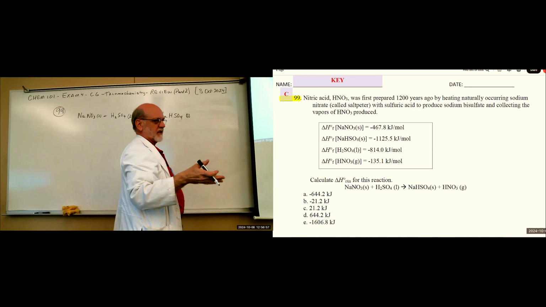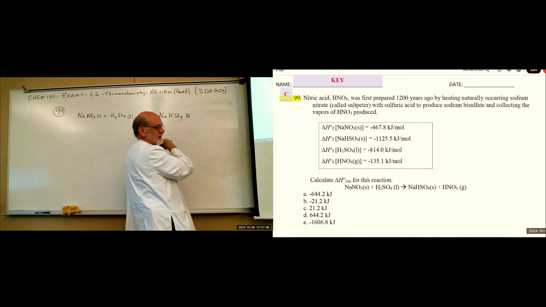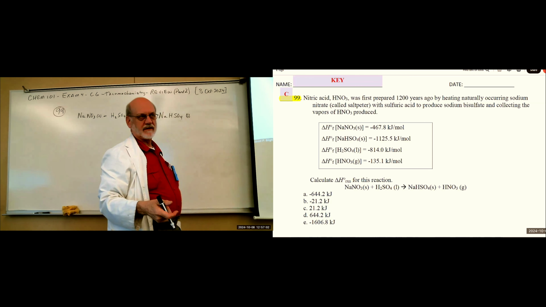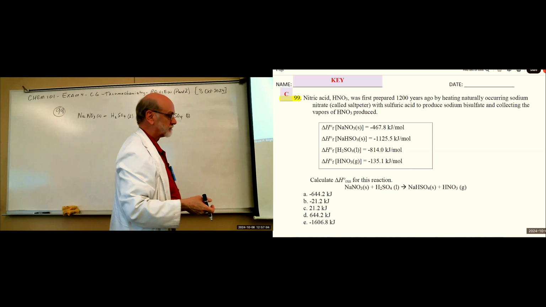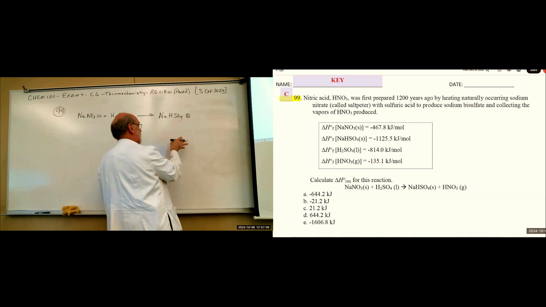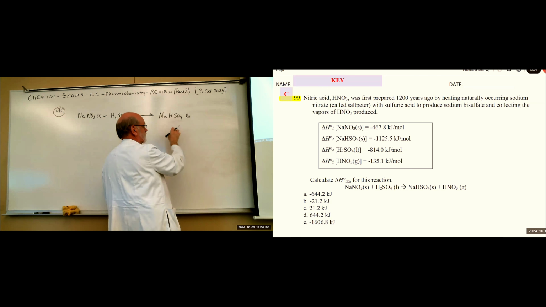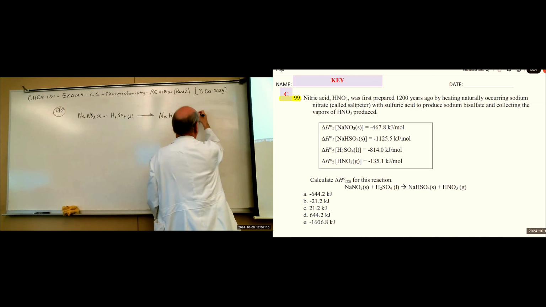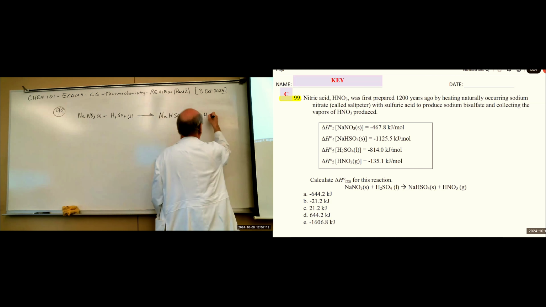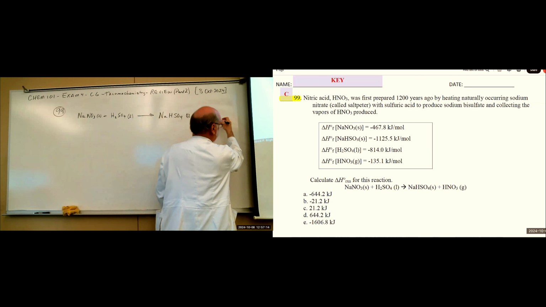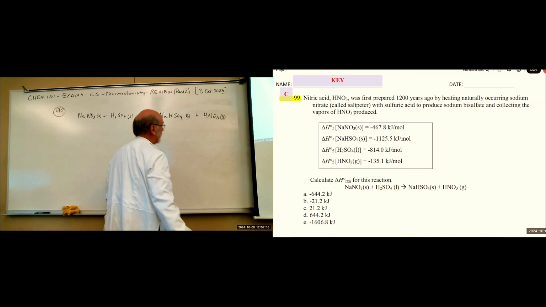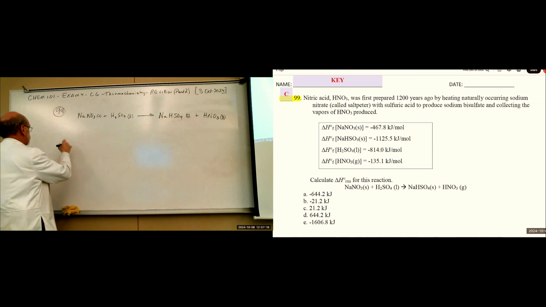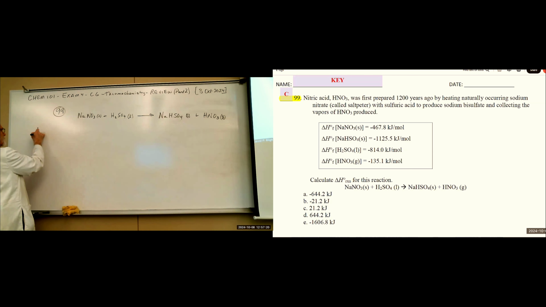Anytime it says bi something, there's a hydrogen in front, like sodium bicarbonate, NaHCO3. We would now say sodium hydrogen sulfate. And then the prize, nitric acid.